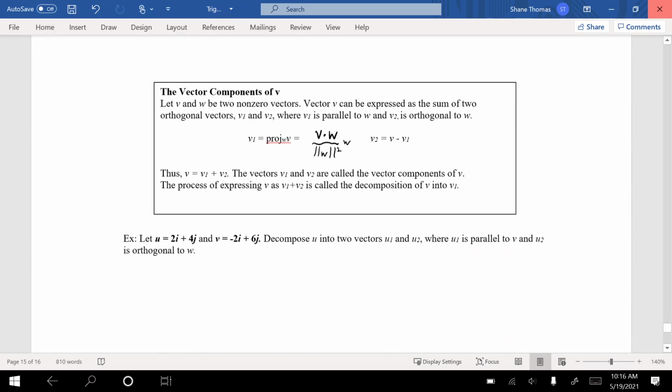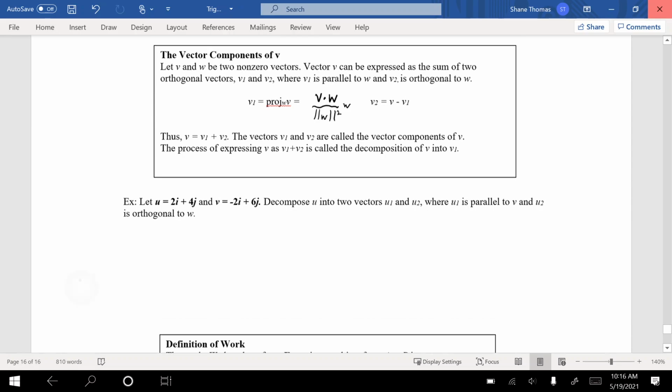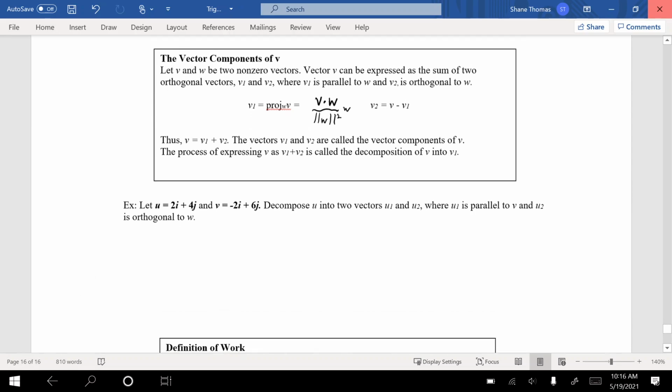All right. Here we go. Vector components of V. Components are basically, I'm trying to think of the easiest way to do this. Well, we're going to do something called decomposition. Okay? Decomposition of a vector. So what we just did there with the projection, we took 2 of them, we found that third, right?